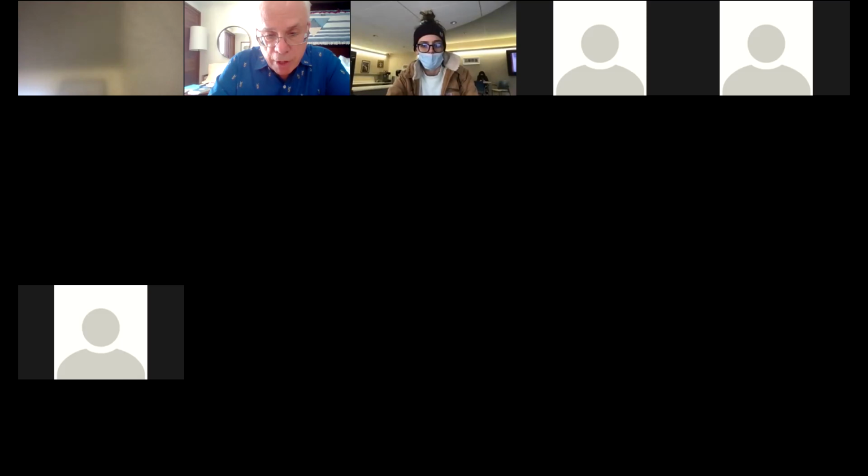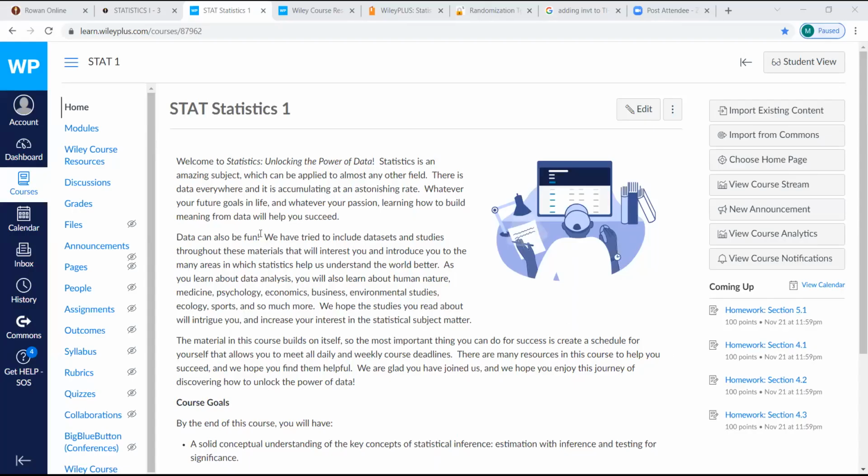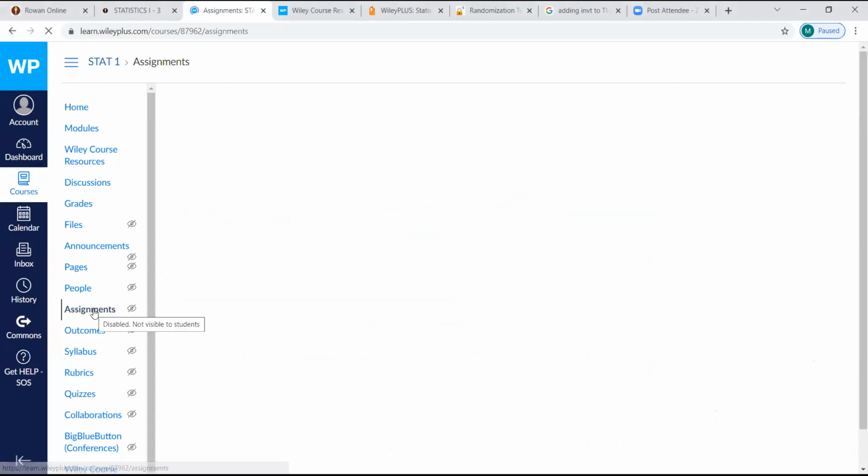I don't know if any of you ran into this difficulty with the homework. I believe it's in section 4.3 homework. Can everybody see this? This is Wiley. Can everybody see it? Just yell out, yes, I see it. Okay, so this is just my version of Wiley, the instructor. So let's go to 4.3.